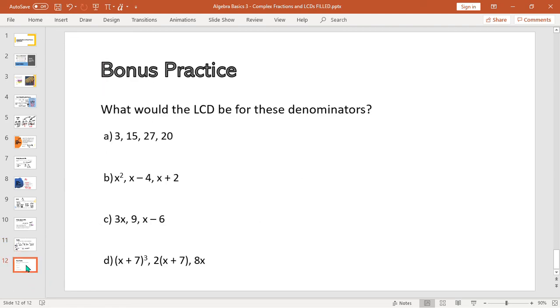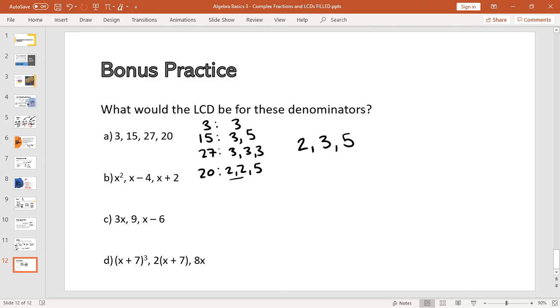Last slide. What would be the lowest common denominators if these were all denominators? So I see 3, which is prime. 15 is 3 times 5. 27 is 3 times 3 times 3. 20 is 2 times 2 times 5. 2s, 3s, and 5s.